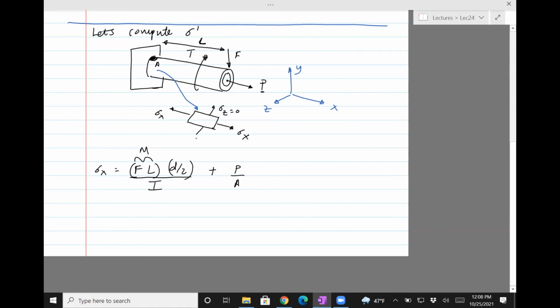There's no stress in that direction. And then there will be a shear stress, tau zx, and that shear stress will be induced due to the torque T.